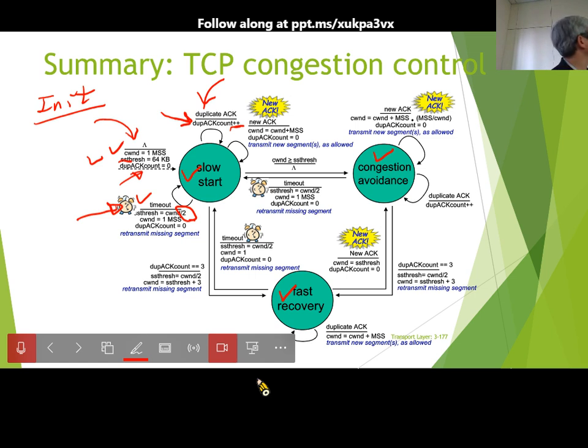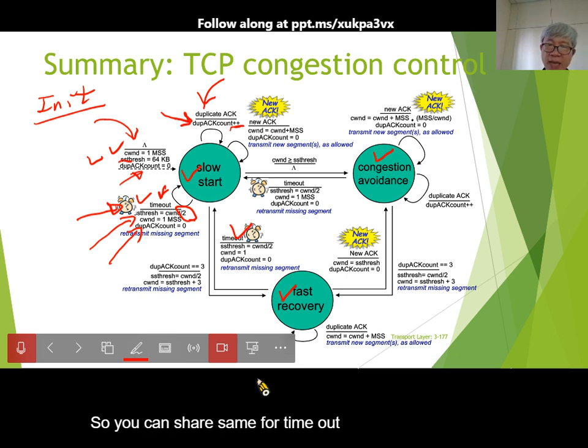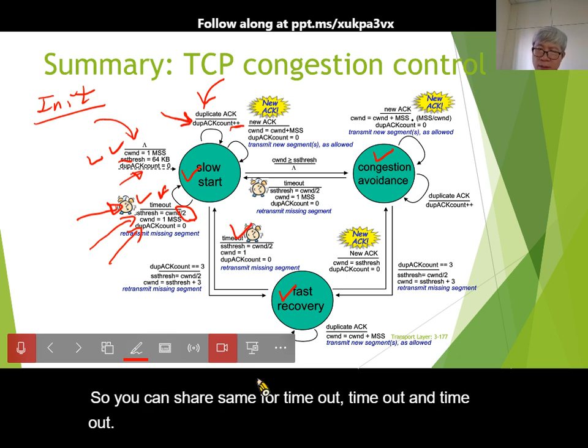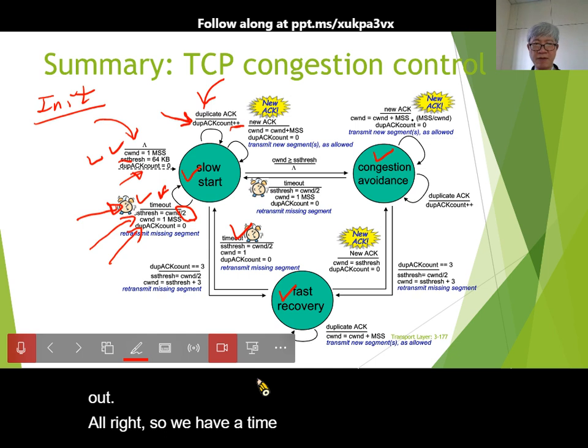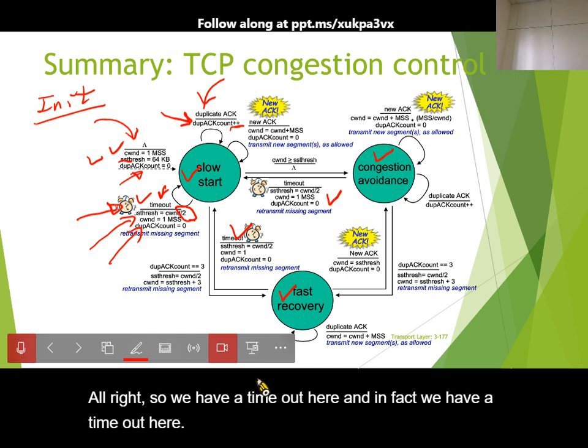Because of slow start and also because of timeout, we set the congestion window to 1, and we reset the duplicate ACK count to 0. You can check that it is the same for every timeout. For all the timeouts, we have the same setting.